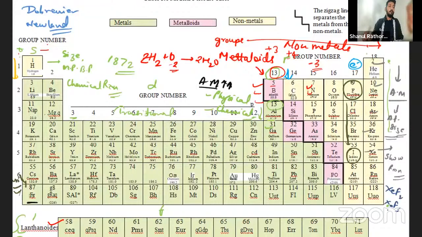In this case, xenon transfers or shares 2 electrons with fluorine, and in this case 3 electrons. So we have a few exceptions also regarding the periodic table.